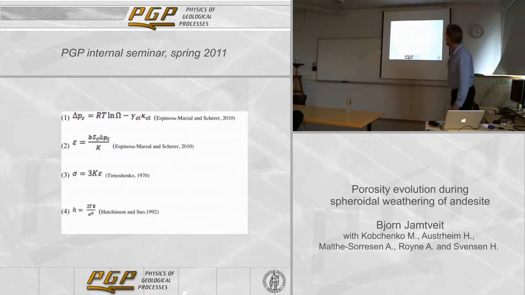So just to show you where this is coming from, it's possible to relate the thickness of the layers which are spalling to the surface parallel stresses generating this spalling. And if you know these stresses, you can estimate the strain in the layer, and the strain in the layer is related to the pressure generated by the growth of the crystals, and the modulus, and the coefficient, and the fraction of the volume occupied by pores where crystals are growing.